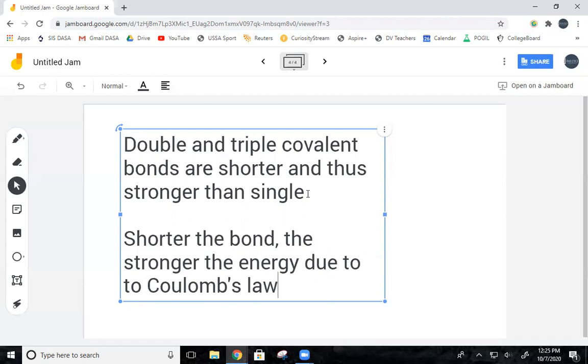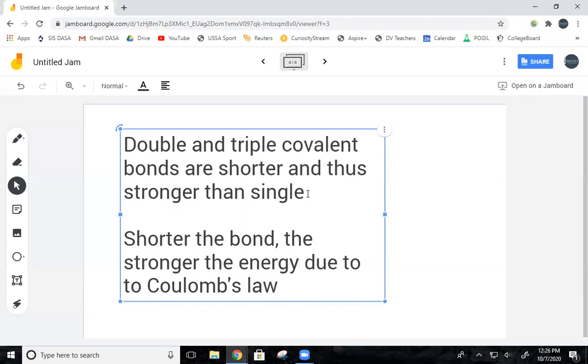Closer together, you decrease the distance, you get stronger. If you increase the distance by 2 times, you decrease the energy by 4 times, because it's an inverse square law.